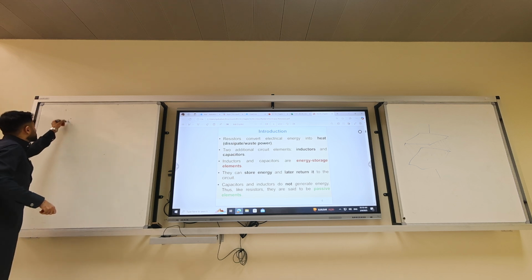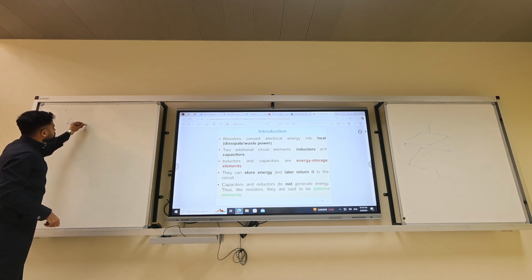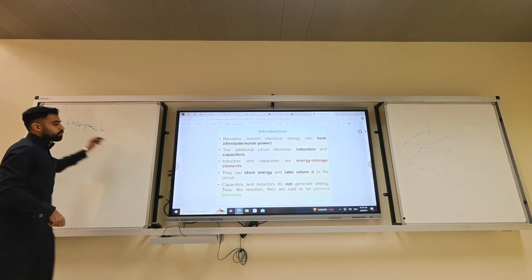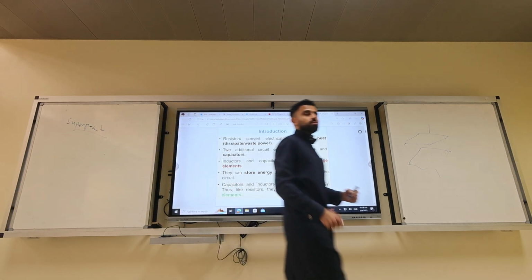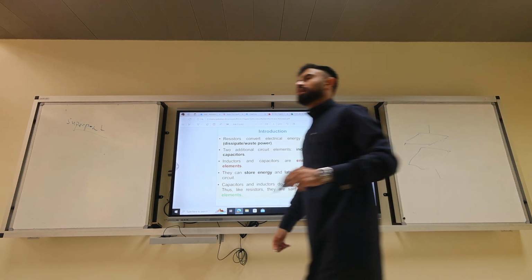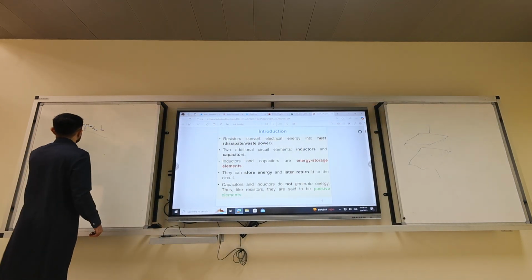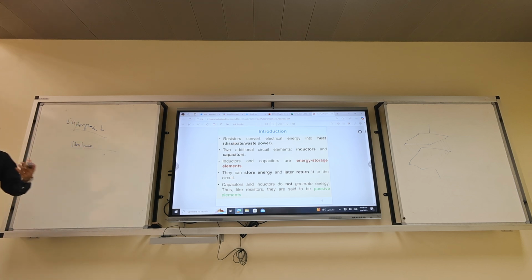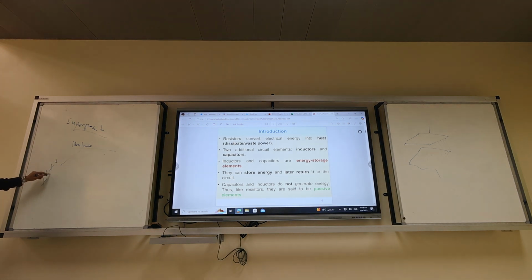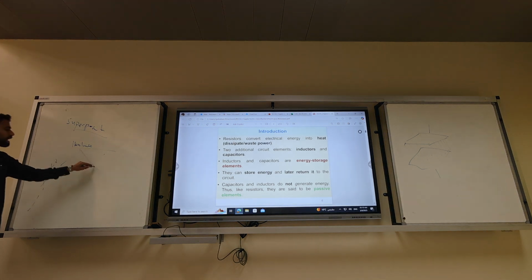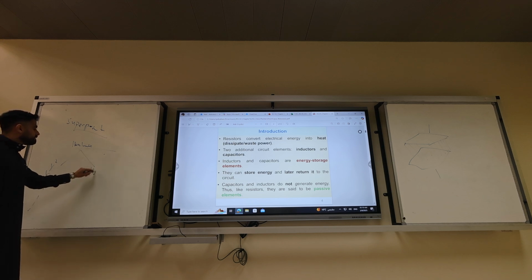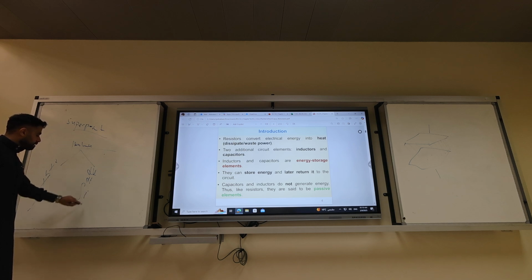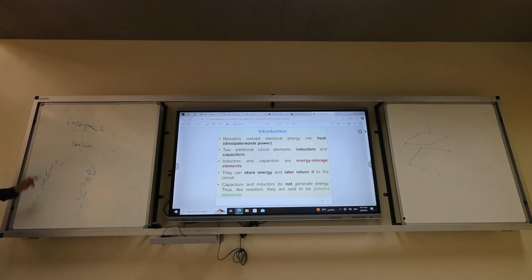Question, superposition. Can we use superposition for inductors and capacitors? No, because, why? They are not linear. They are nonlinear elements. So what does nonlinear mean? Well, in math, nonlinear expressions either have terms like x squared, x to the power 1/3, etc. Or they have what? Derivatives, dv/dt, integral of i. Those are nonlinear characteristics.